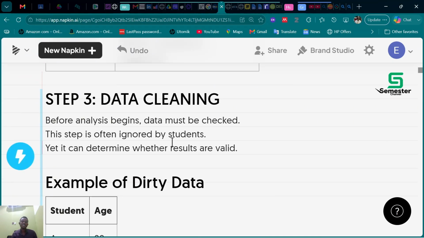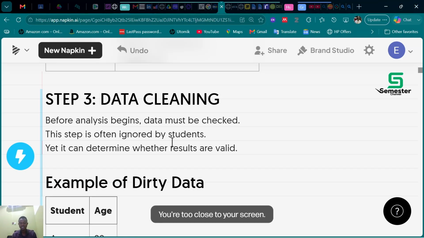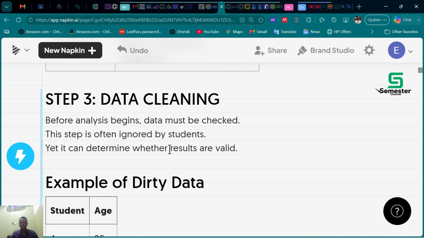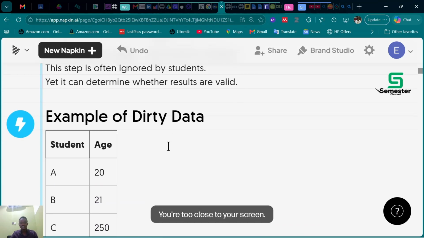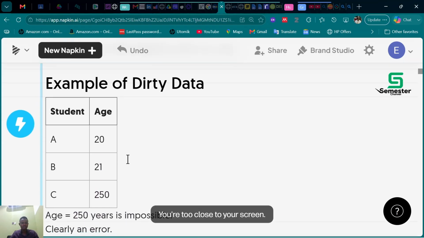Now, data cleaning is also very important in data analysis. I cannot overstress this. Right? It is very important. Okay, it's one form of quality assurance, data quality assurance. You have to clean your data and make sure they have been harmonized. So for instance, this is a dirty data or a raw data.